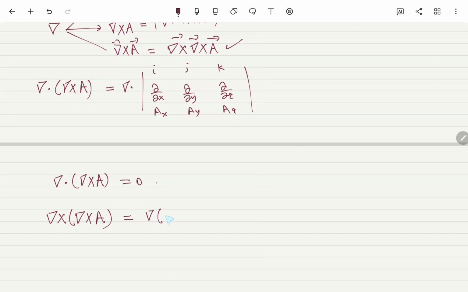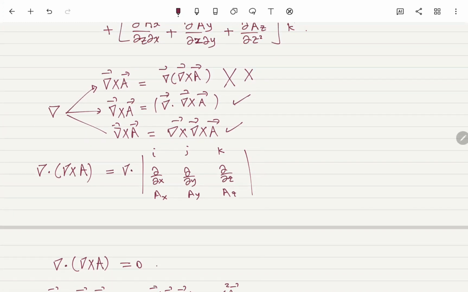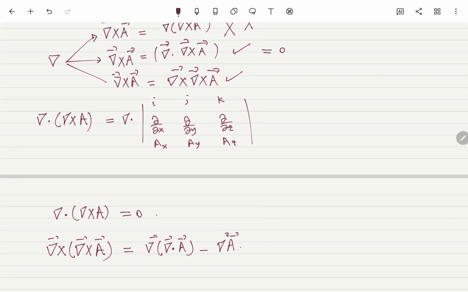This one here, gradient divergence A minus Laplacian A. So out of the three possible cases for the curl, this one here we found it is equal to 0, and this one here is not possible, and this one here we used the BAC-CAB rule to prove it, and it is equal to this quantity right here.